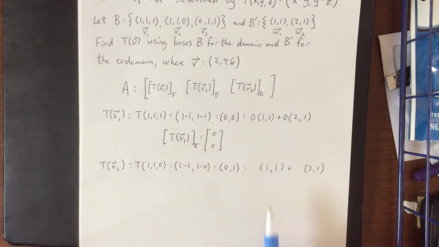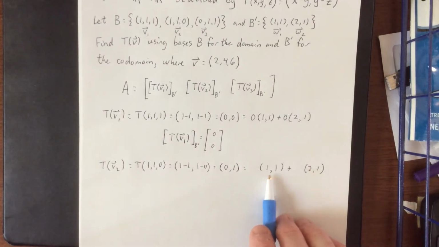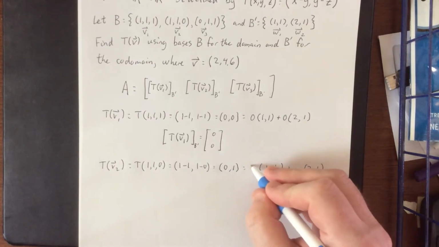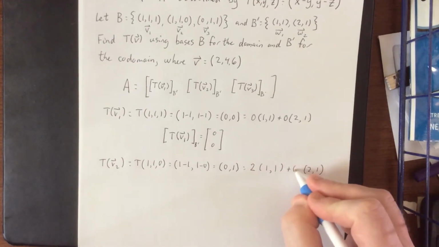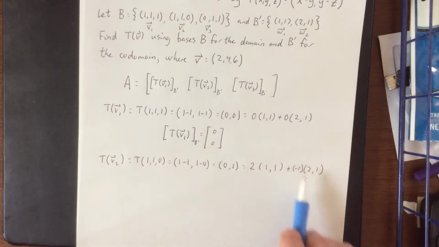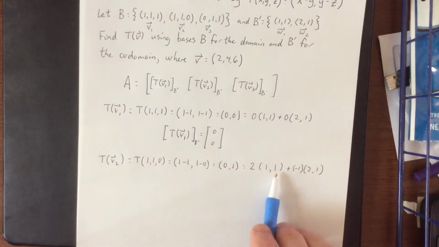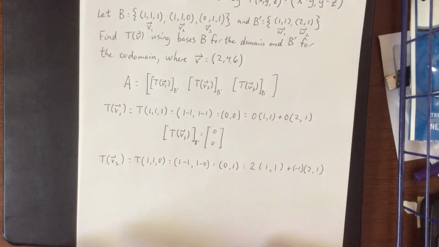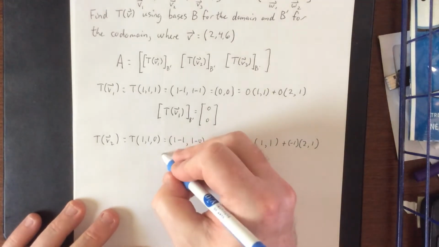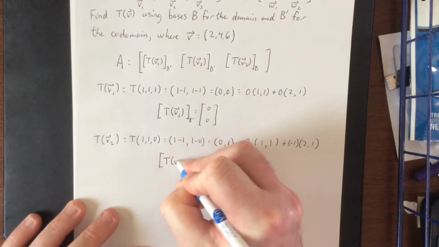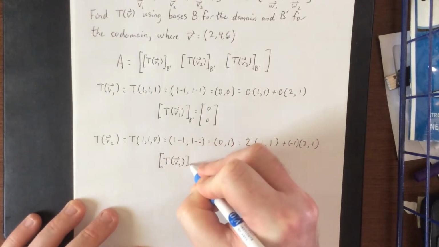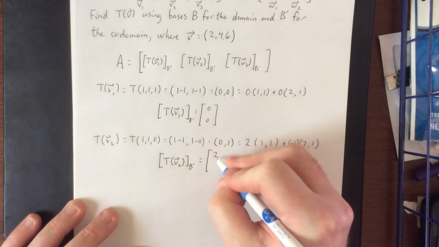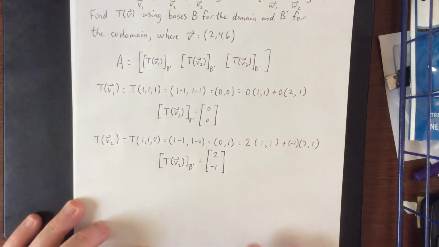The thing that I'd like to point out is that if I double the first vector and then subtract the second vector, we'll wind up with (0, 1). So double the first vector and then subtract the second vector. If needed, of course, you could set up c1 times (1, 1) plus c2 times (2, 1) equal to (0, 1) and solve that using a system of equations and a matrix. So the image of v2 relative to B prime is equal to these two coordinates, (2, negative 1).